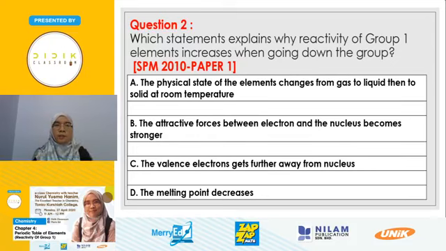Okay, so which statement explains why reactivity of group 1 elements increases when going down the group?